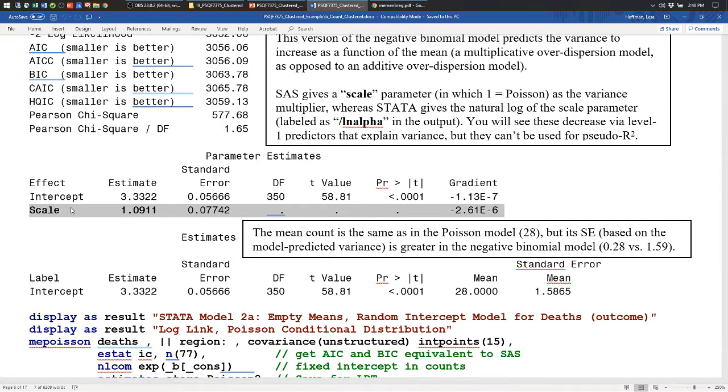It is 1 under SAS's parameterization if you have a Poisson model. So this is a multiplicative factor that enhances the variance as a function of the mean. So the model predicts much greater variance now as a result of this.